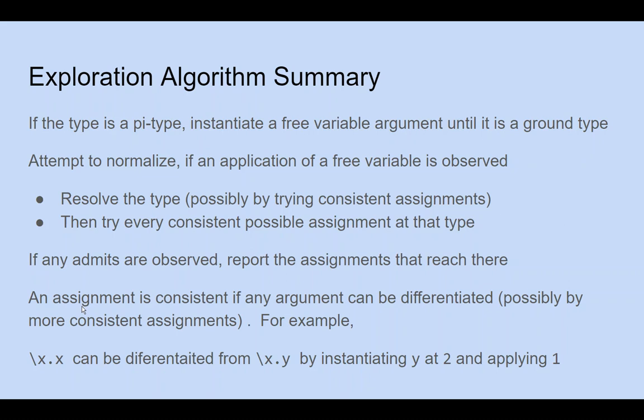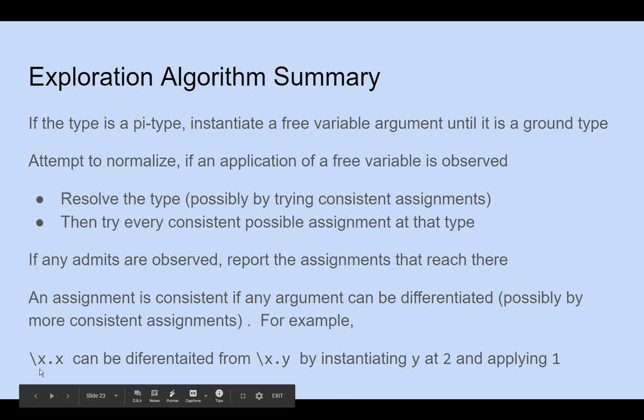And when I say consistent assignment, a consistent assignment is any assignment to a free variable where any argument can be differentiated. So if it's a ground type, for instance, you can differentiate it by the constructors. If it's a function type, you might need to apply arguments to it and do further consistent assignments.